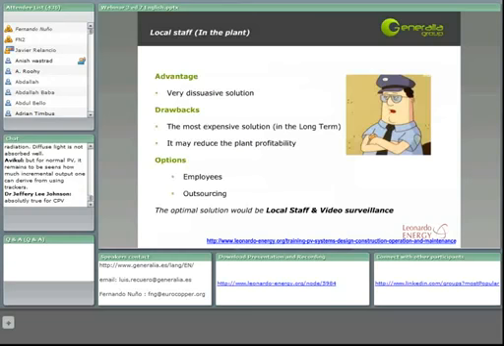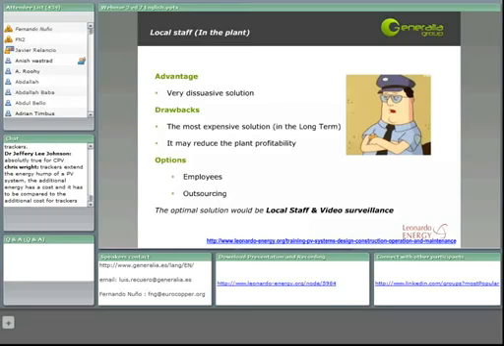As we have already said, the most important security system, if we can call it the security system in our point of view, is the local staff, because it is a very dissuasive solution if thefts are trying to steal our solar plant elements. For sure, we also might find some drawbacks in this kind of solution.